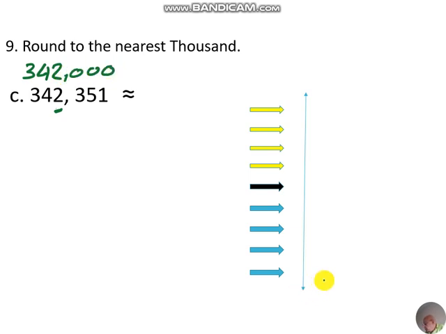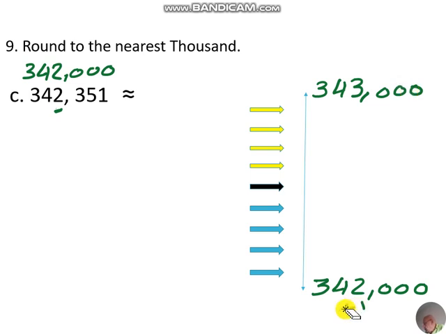And this becomes the bottom, 342 and three zeros. And I add 1 to the 2 here, because this is the 1,000 place. I add 1 here, and this becomes 343,000.